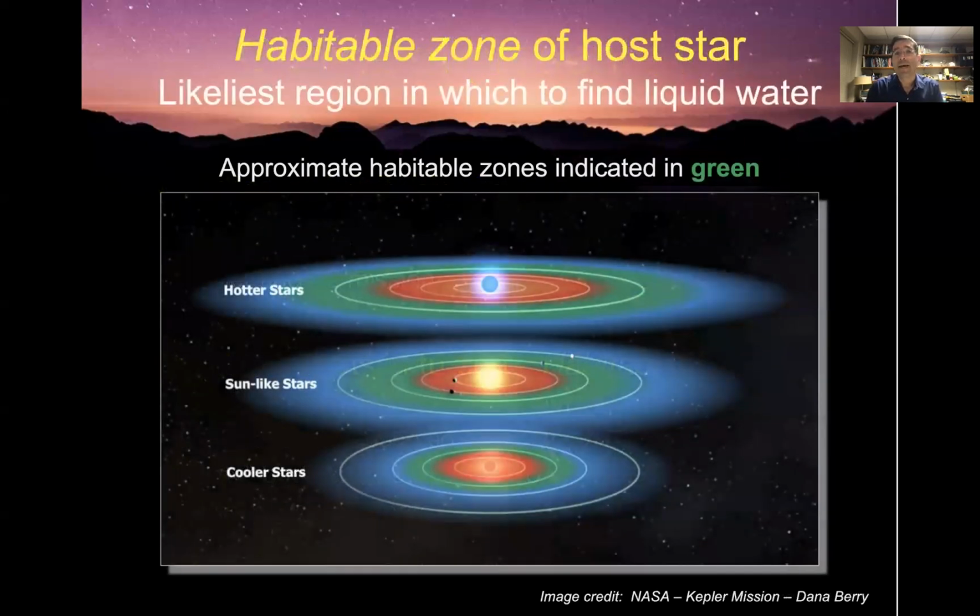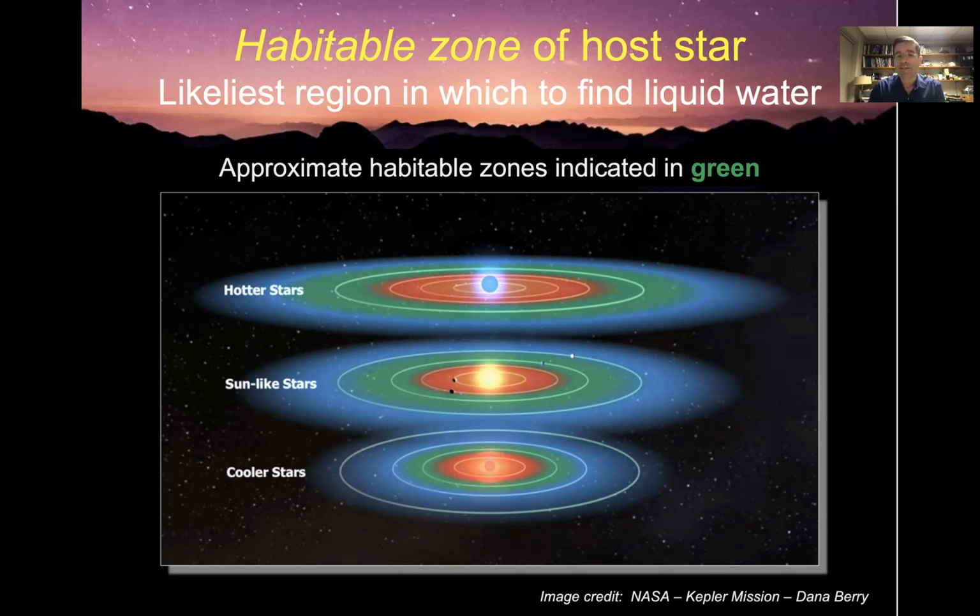When we're talking about the habitable zone of a host star, we're trying to find where a planet would have liquid water on its surface. So that means finding some sort of Goldilocks zone where the planet is not going to be too hot, not too cold. The graphic here shows nicely in the green regions where the habitable zone might be for stars of different temperatures.